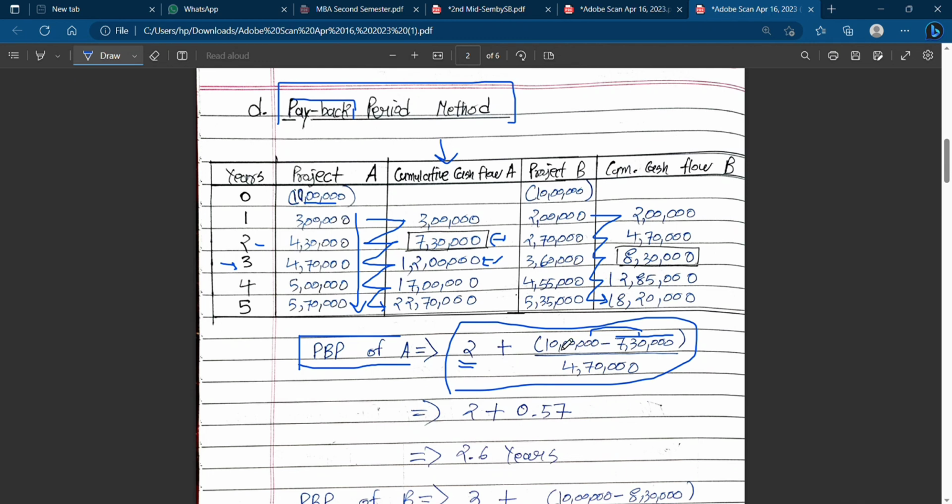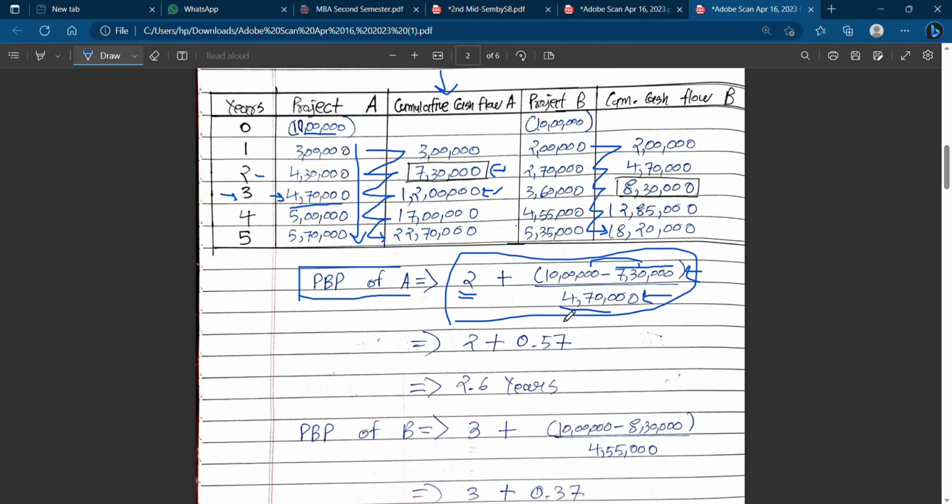which we have to cover for the investment, and this amount is covered by the next year's amount, meaning the third year's inflow. The remaining amount will be divided by the next year's amount. So we subtract this, then divide by 4,70,000, and we get 0.57.